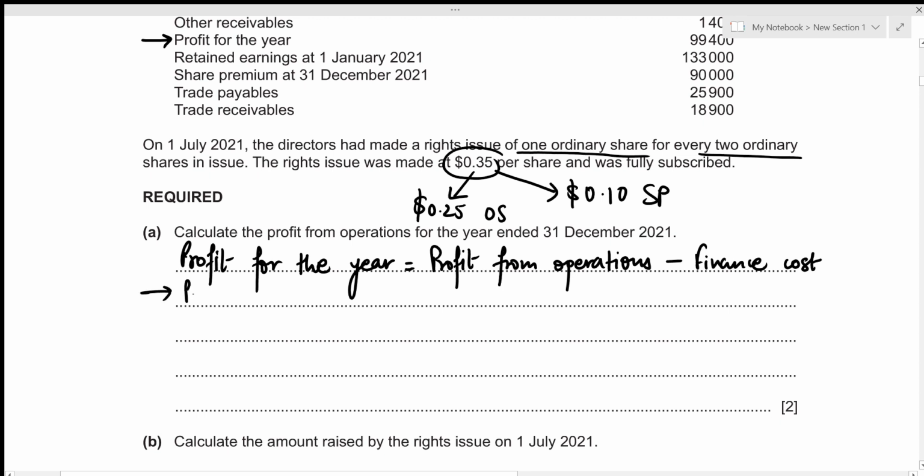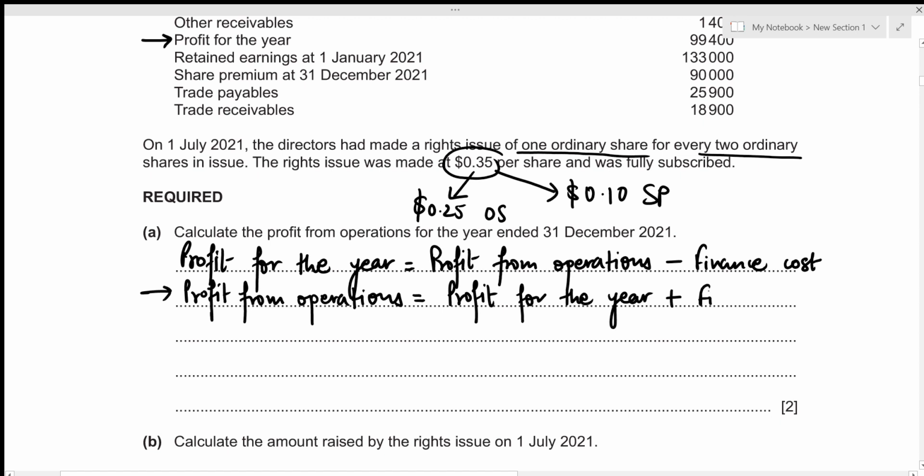So we need to figure out profit from operations. That's going to be profit for the year plus the finance cost.